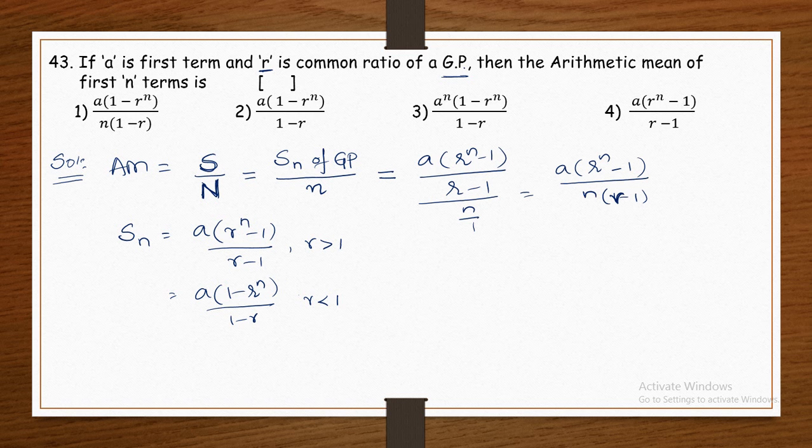In option 1 we have n here. I can write this as A into (1 minus R power n) by n into (1 minus R), when I multiply by minus 1 in both numerator and denominator. So we get this answer. Option 1 is my answer here.